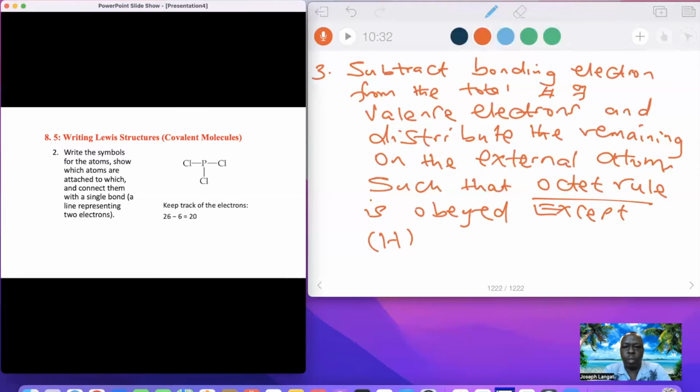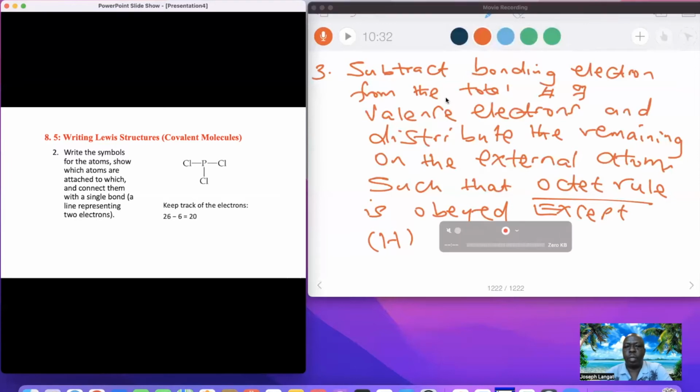So that's what you need to remember for rule number 3: subtracting the bonding electrons.